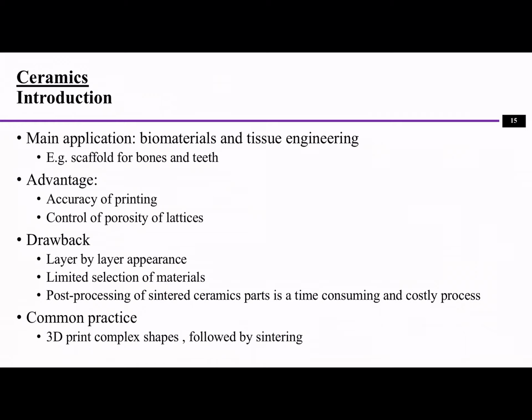So those applications have triggered the creation of 3D printing of ceramics. A drawback with 3D printing of ceramics is that it has a layer by layer appearance. Also, the selection of material is very limited. We remember in ISAT 430 we have the matrix of creating ceramics, and not all the metals can actually be used to create ceramics.